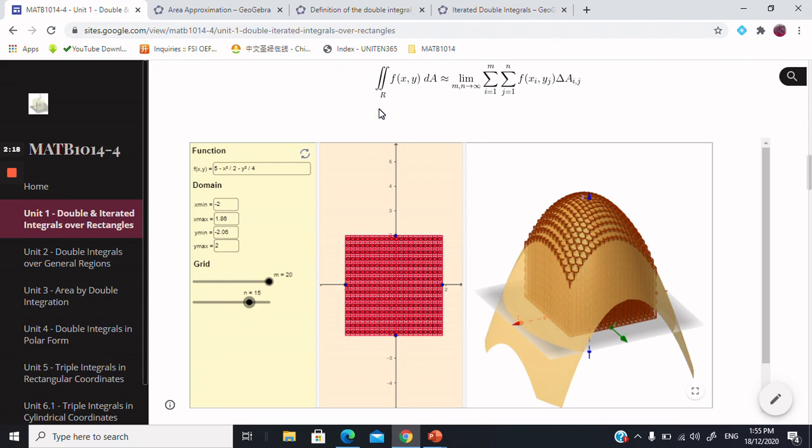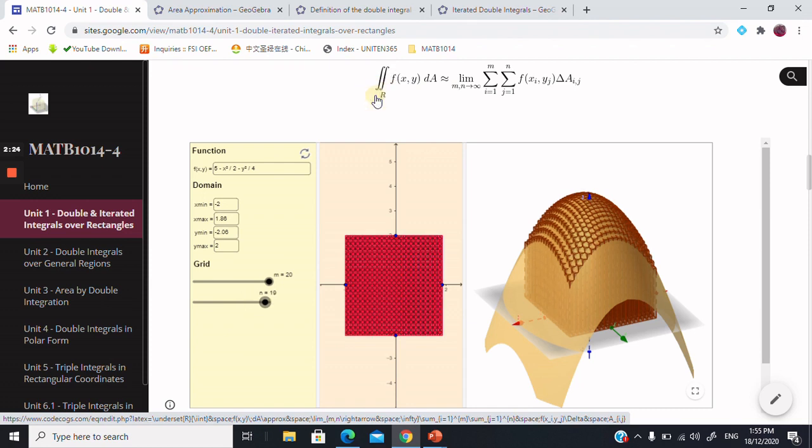Take note that the sign of the integration originates from the S of sum. That means we are actually finding the summation of the volume with m times n number of cuboids when we perform the double integral to the surface f(x,y).